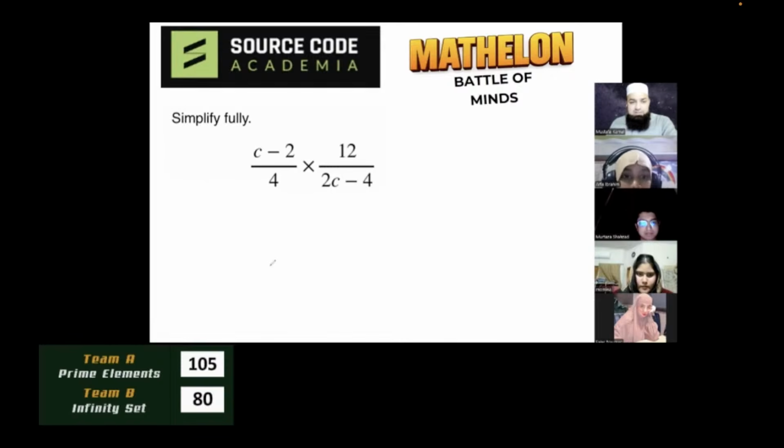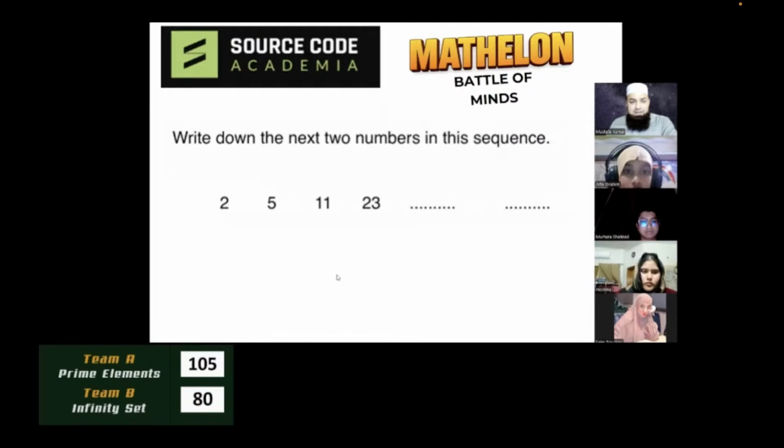Moving to the next question that is in front of your screen now. Write down the next two numbers in this sequence: 2, 5, 11, 23. Team A, Momina: 47 and 95.